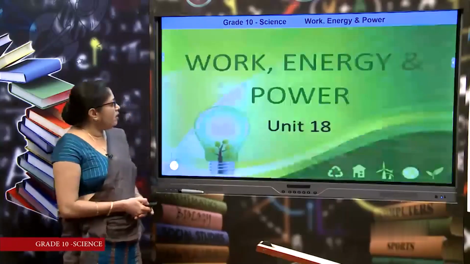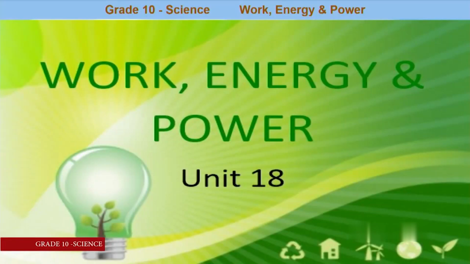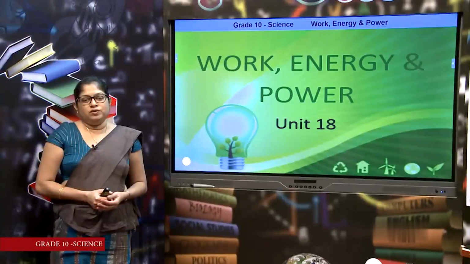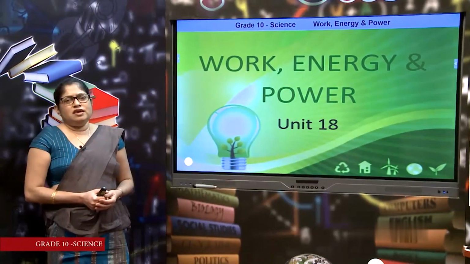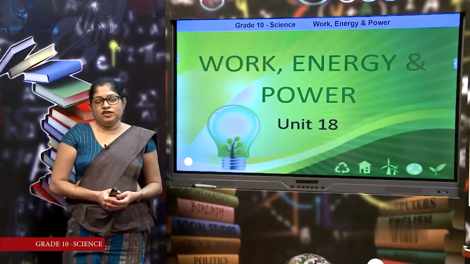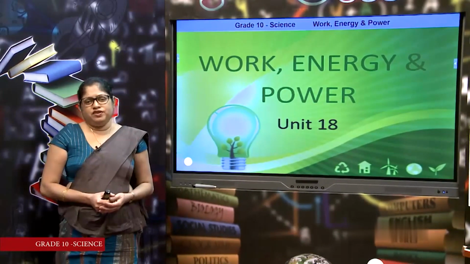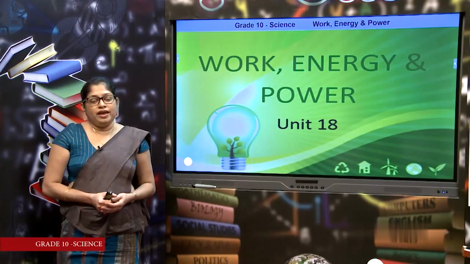Are you ready? Before I start, let me revise the things that we have done in my previous lesson. We learnt work, energy and power, that is unit 18 in your textbook. There we learnt work done, energy, different types of energy, and we concentrated more on mechanical energy.